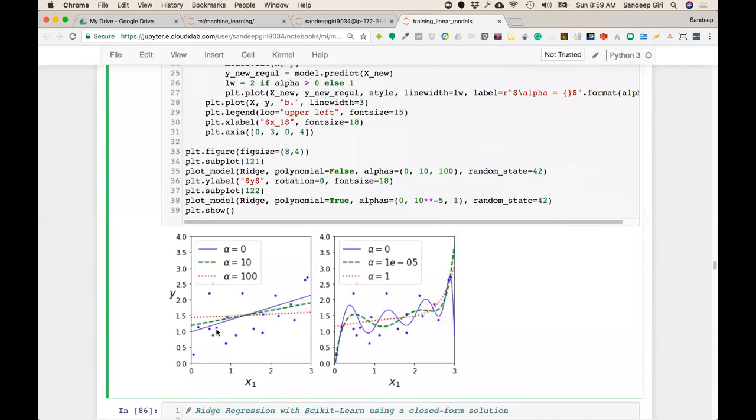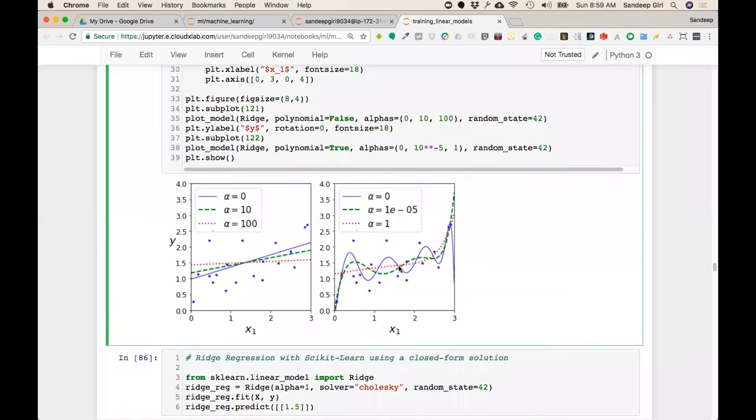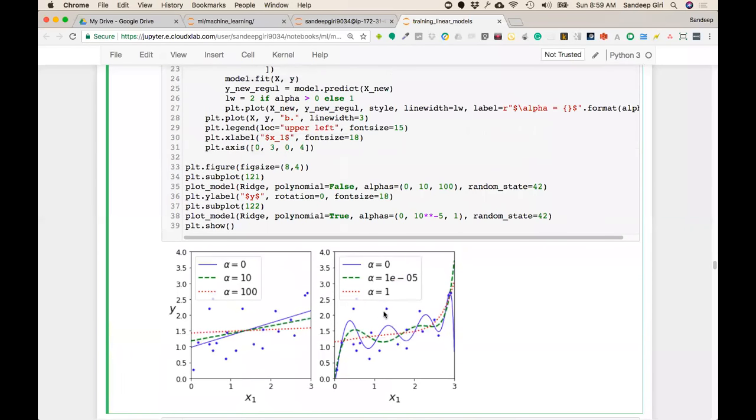These ones are the predicted ones, while these dots outside represent the actual values of y. So here that's what it does. It is fitting a high degree polynomial at this point.